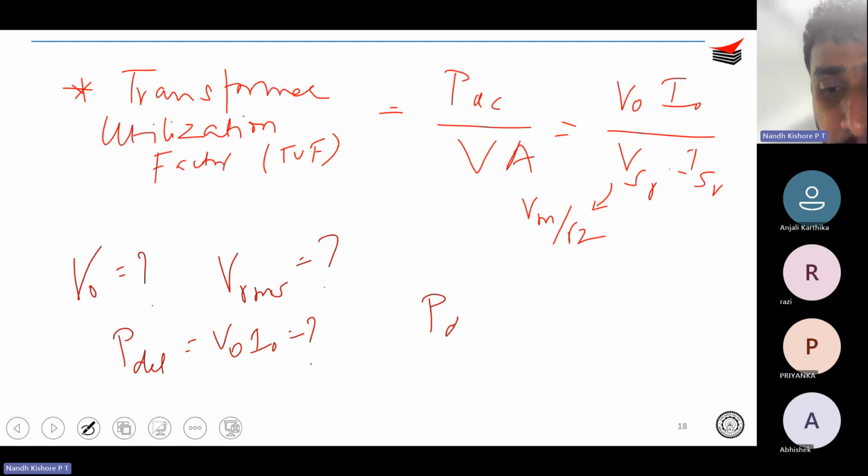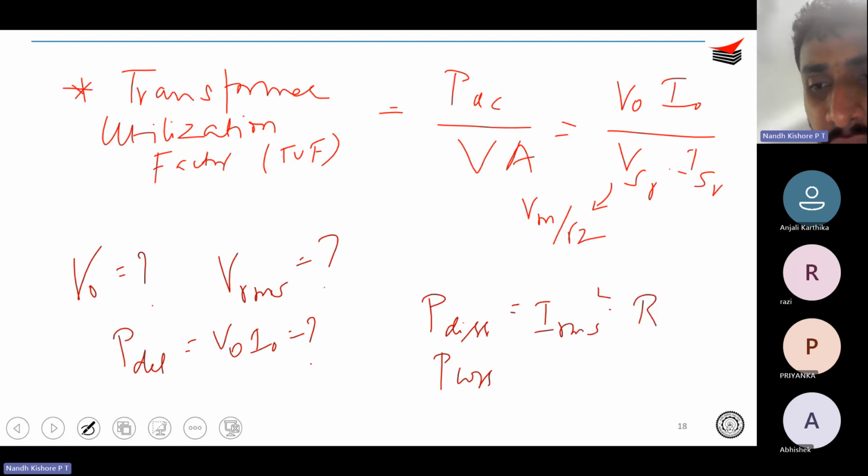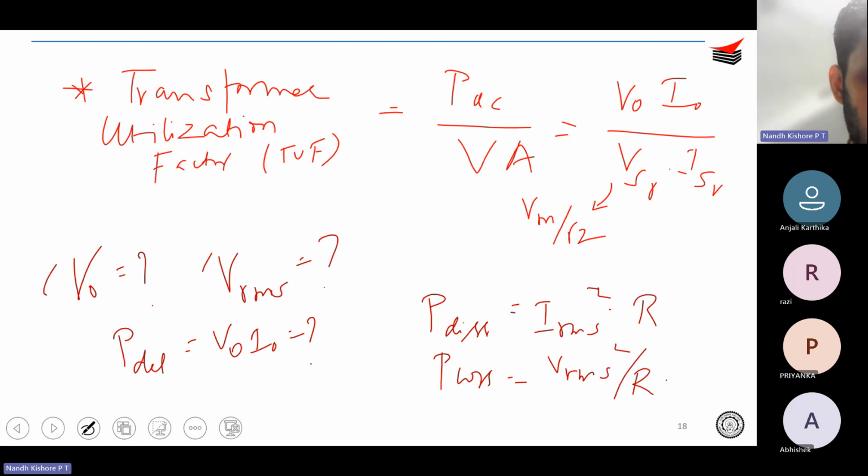And what is the power dissipated, or the power lost? That is I RMS square into R, or V RMS square over R. We saw a lot of problems on these.